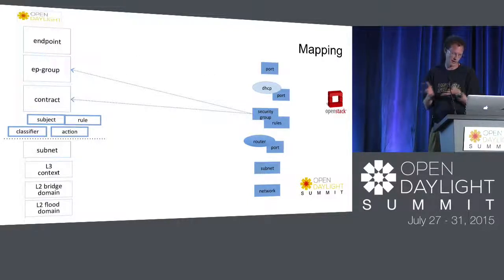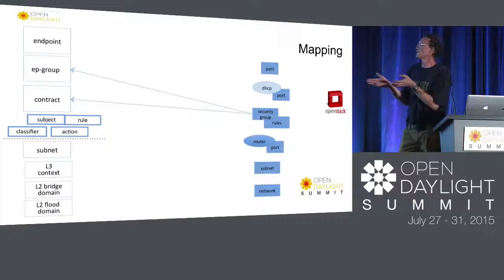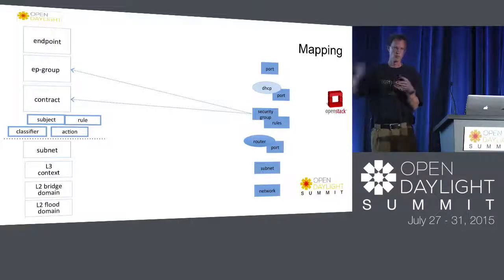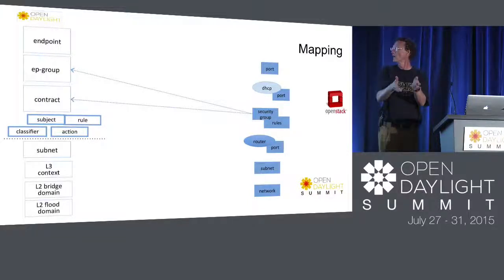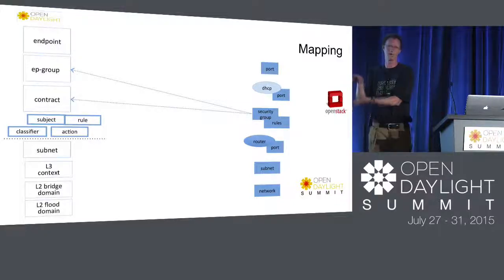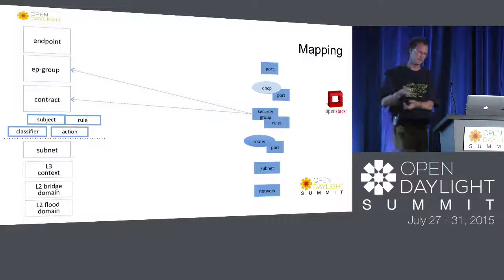So we have a contract between the individual endpoint groups, made up of the security group and the DHCP infrastructure group. In the security group itself, a security group maps to an endpoint group. So when we map a security group to a port or a Nova instance, that's treated as an endpoint in an endpoint group. And then the rules within that security group become the rules in the contract.